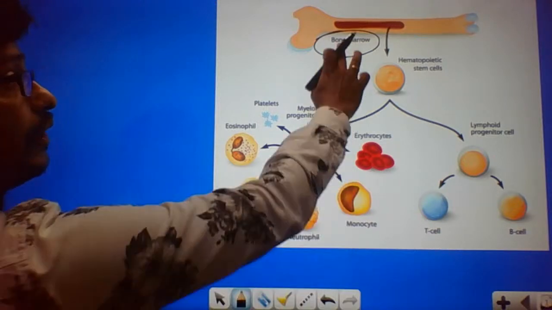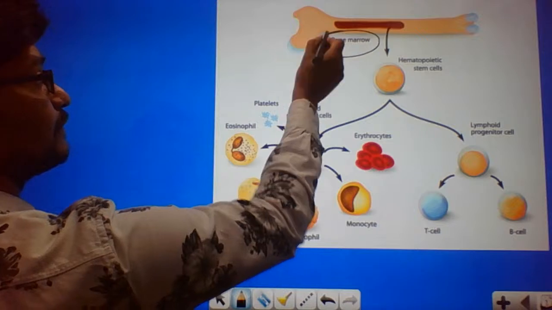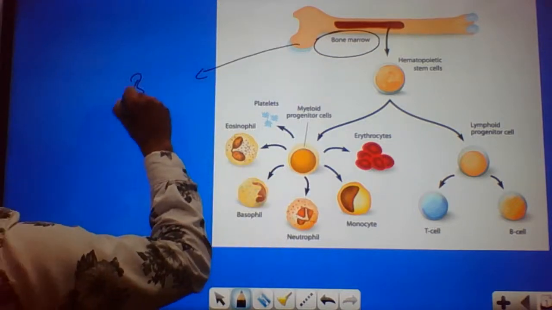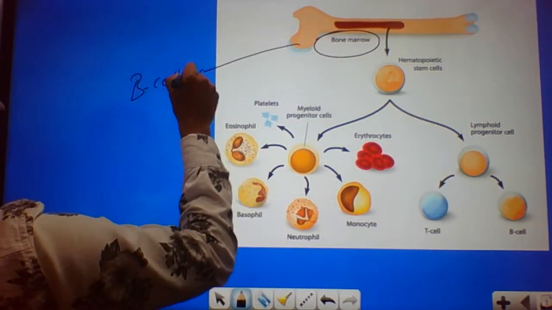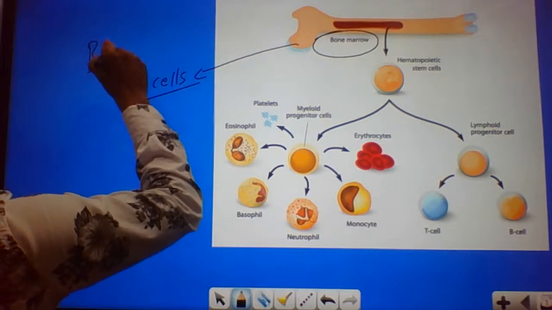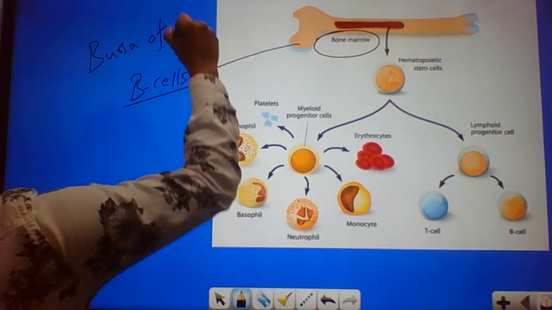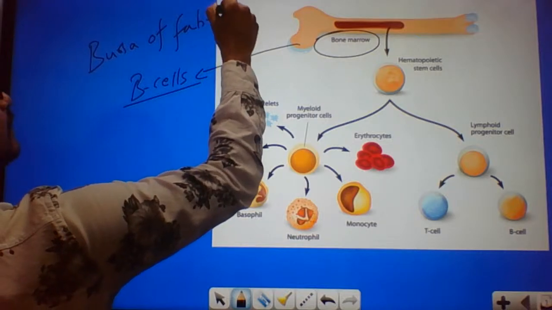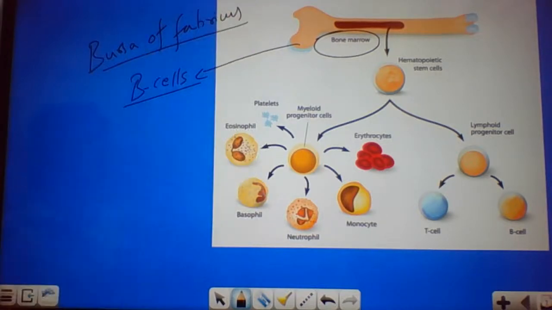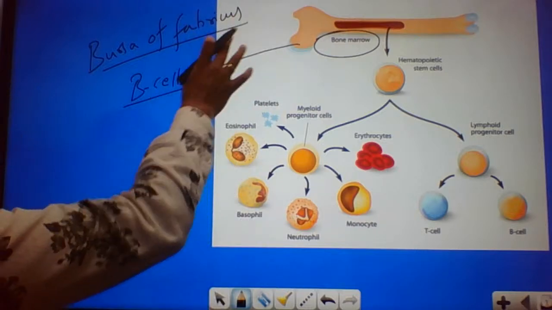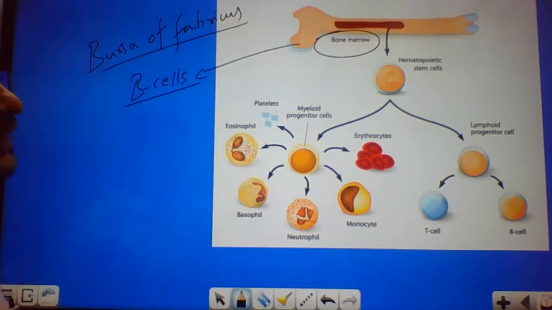The bone marrow is responsible for the proliferation mainly of the B lymphocytes, or B cells. This was first identified in birds, in the Bursa of Fabricius.